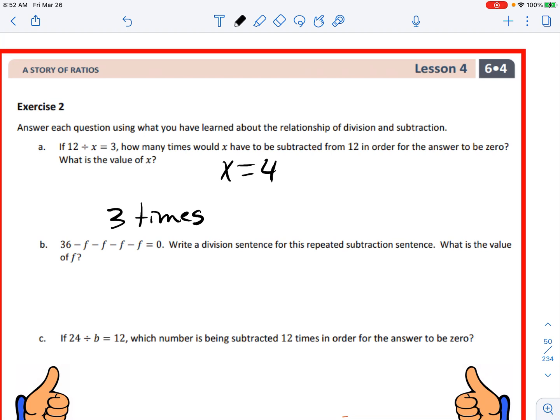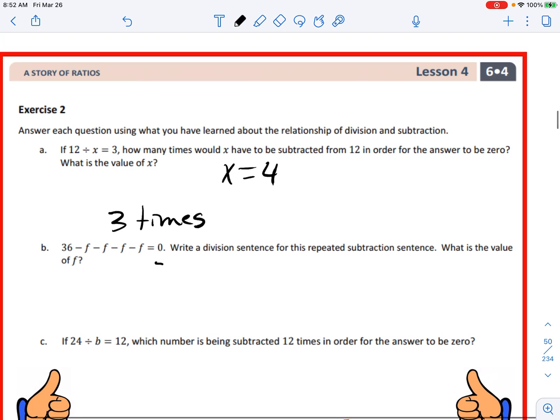Now let's look at letter B. Letter B says 36 minus f minus f minus f minus f equals 0. It says write a division sentence for the repeated subtraction sentence. So how many f's do we have? We have 4. Okay, so that means 36 divided by 4 equals f.